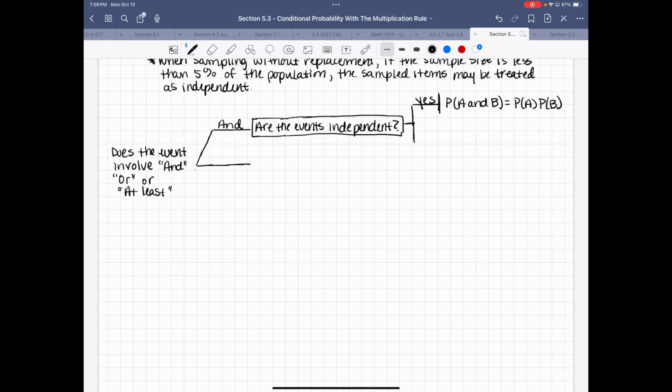If we say no, then I've now got to take out that given part. I've got to multiply times the given, okay? So the probability of A and B will equal the probability of A times the probability of B given A.